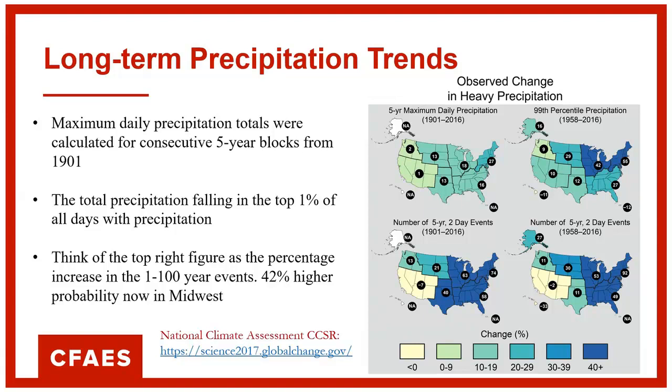We have 120 years of precipitation data in Ohio. We look at the top 1% of those. How many of those have occurred recently? And a lot of them have. So we're seeing that the chances of getting one of those top 1% precipitation events is about 42% higher now in the Midwest than it was earlier in the instrumental time period.